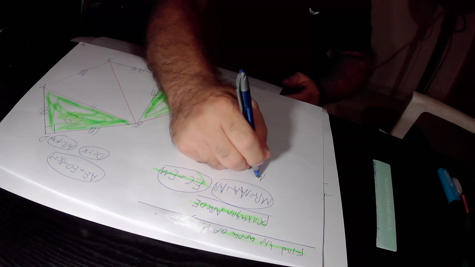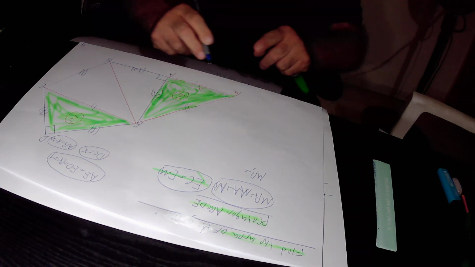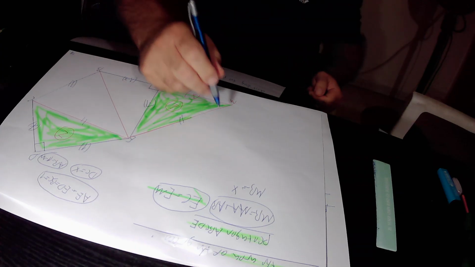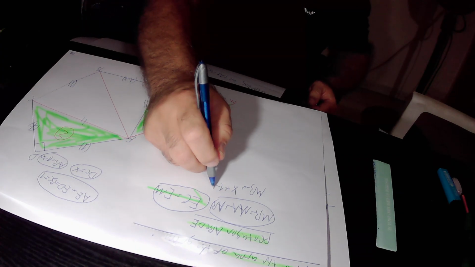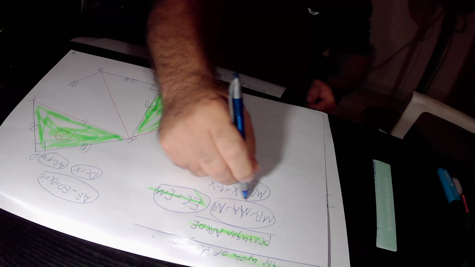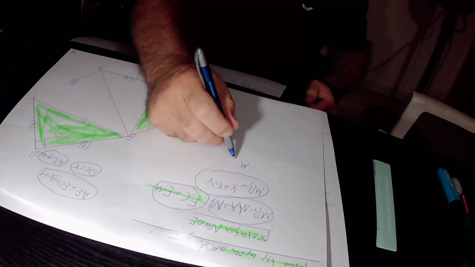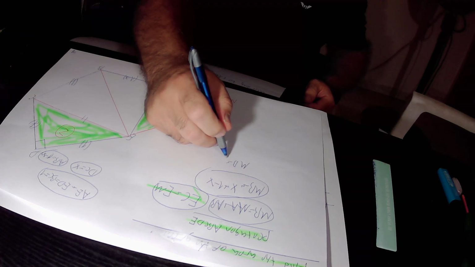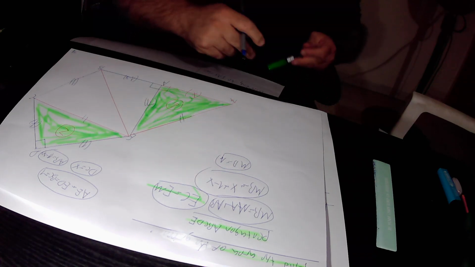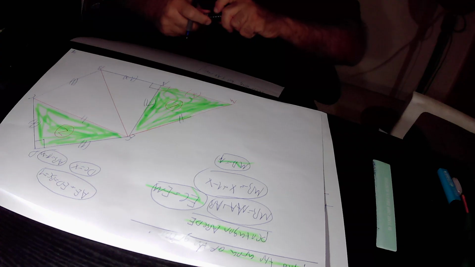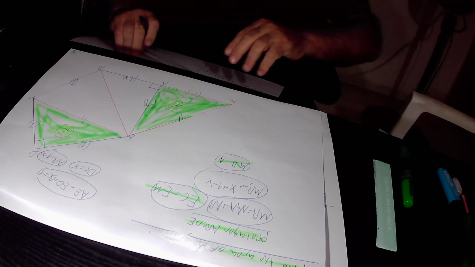So MB in total equals MA, that is X, plus AB, that is 1 minus X. So in total, MB is equal to X minus X, which is 0, so we are left only with 1. MB equals 1 unit in its length. This is side MB, that equals 1 unit in its length.